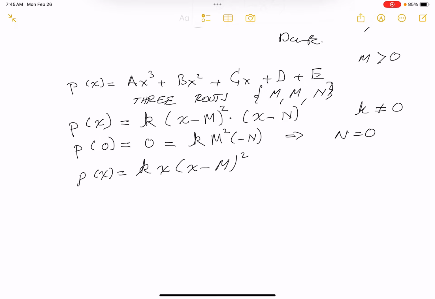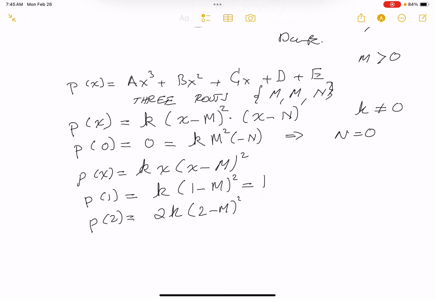All right, go to the next piece of information they told me. They told me that P1 is 1. I'll write this down now. So what do you get? You get k times 1 minus m squared is equal to 1. They also told me that P2, that's going to be 2k times 2 minus m squared, is equal to 2.